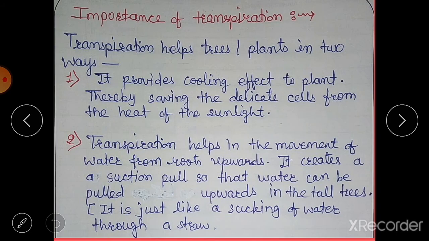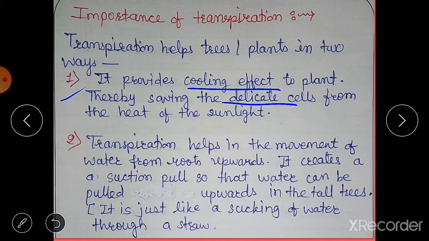Then what is the importance of transpiration? Why is transpiration important in plants? Transpiration helps trees or plants in two ways. First, it provides a cooling effect to the plant. Cooling effect means it protects the delicate cells from the heat of the sunlight.